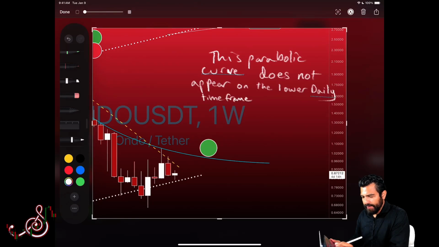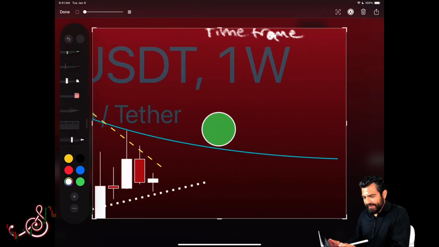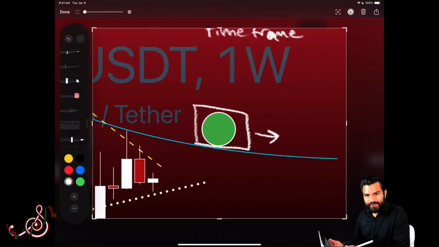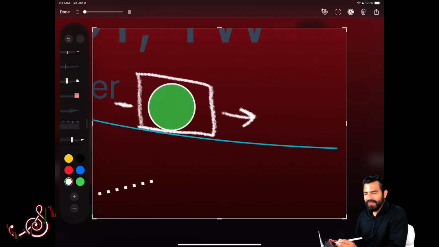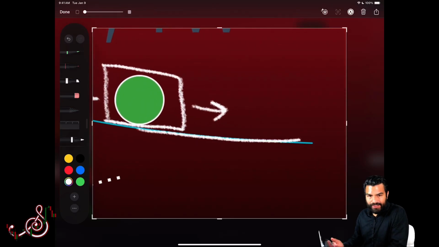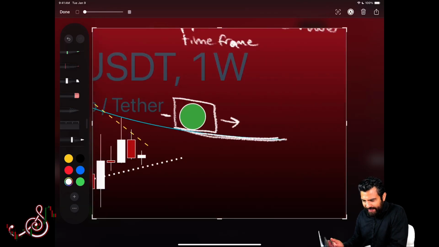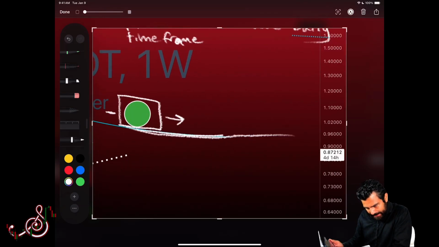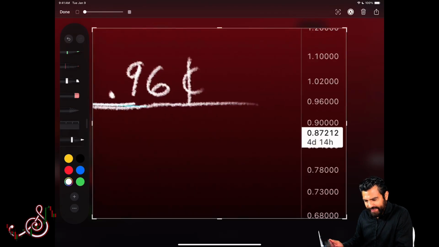Okay. Now how we can use this to our advantage is this marker here. It's going to move and slide along this track; it won't move backwards. But the price starts leveling out somewhere around 96 cents. Current price is 87 cents.